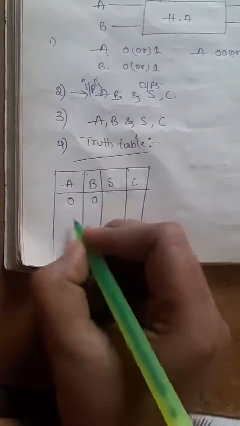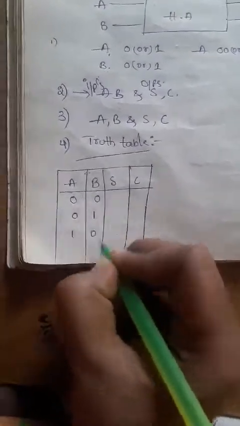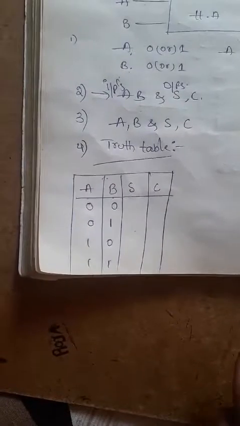In the half adder we have two inputs, so we get four possible combinations: 00, 01, 10, 11. Now we need to find the output for these.